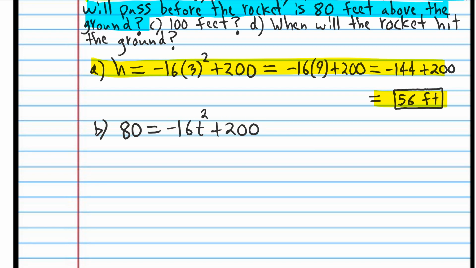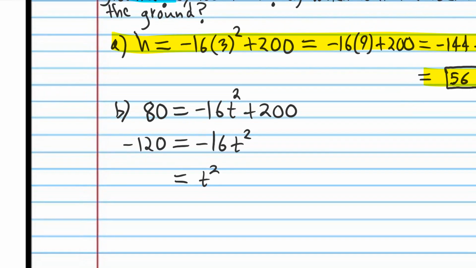So first we're going to subtract 200 from both sides, and we get -120 on the left side, and the 200 disappears on the right side. And now we're going to divide both sides by -16, and 120 divided by 16 is 7.5.